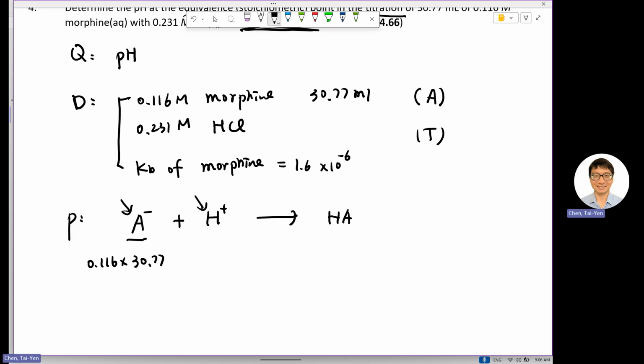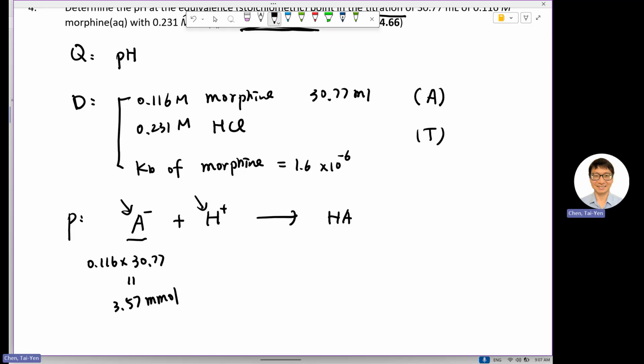That gives you millimoles, which is 3.57 millimoles.